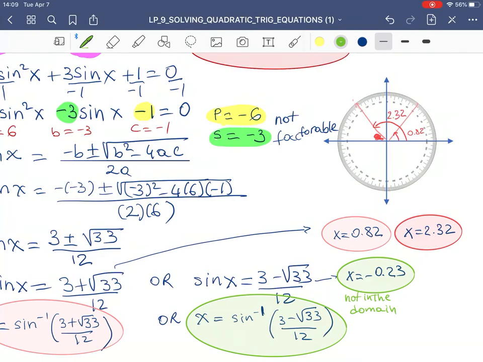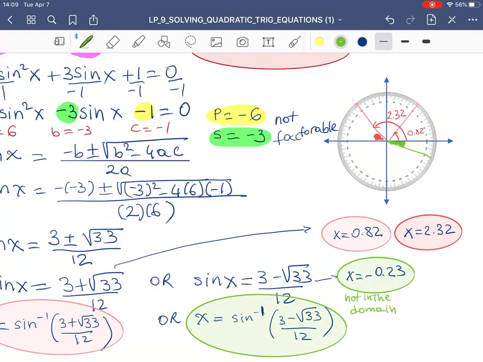We're still going to draw the measurement of this angle right on the Cartesian plane. Negative 0.23 will be an angle in the fourth quadrant. Okay, so that's where negative 0.23 is. It is true we don't need this angle, or we won't list it as a solution, but this will lead us to the answer.